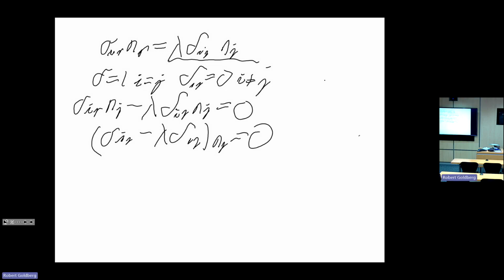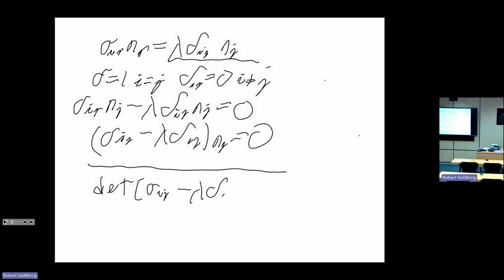The trick is this is what we'll use to find the principal stresses, because the only way this equation can be true for any and all cases, no matter what our stress state is and no matter how things are oriented, is if the determinant of sigma ij minus lambda delta ij is equal to 0.